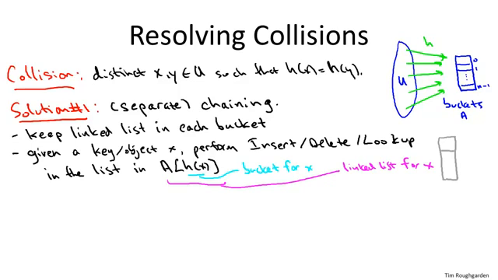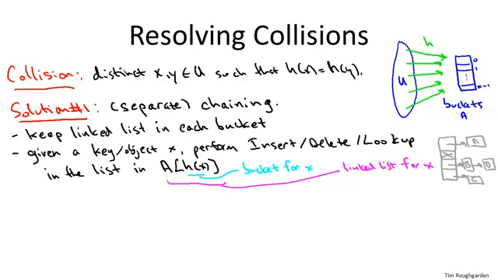Maybe the second bucket just has a null pointer. No one's been inserted into the second bucket. Into the third bucket, we have, let's say, both Bob as well as Daniel. And then maybe in the fourth bucket, we have Carol. Because we have a collision between Bob and Daniel, both map to the third bucket, we resolve that just by having a linked list with Bob and Daniel in some order.